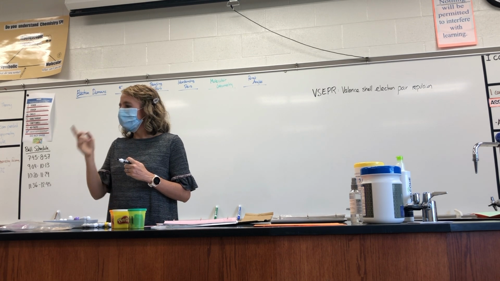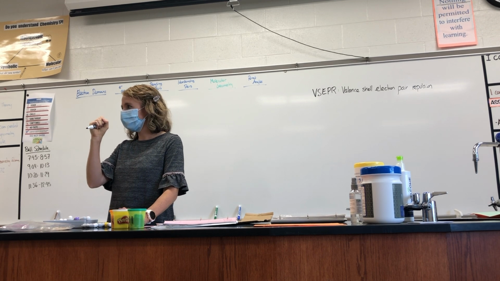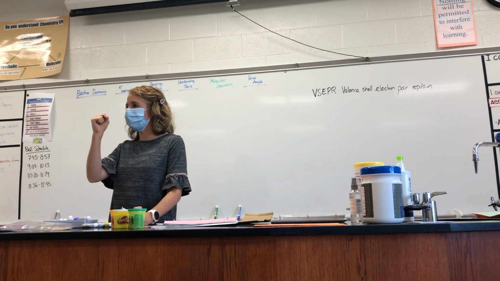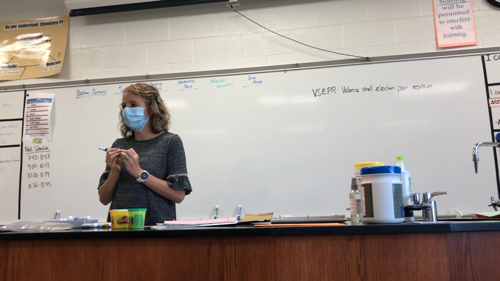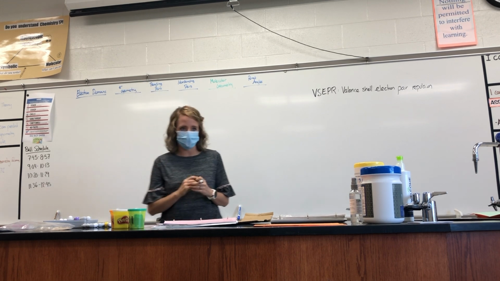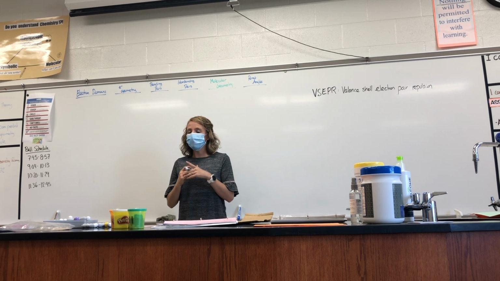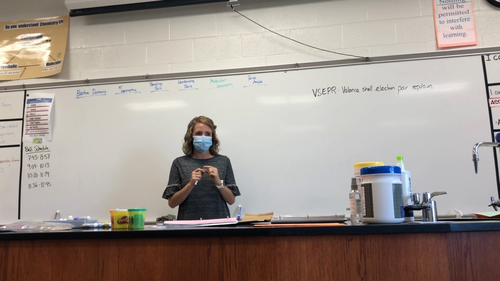The first one I want you to build should have, so the big ones are always for the center, and the small ones are for the outside, 1 big in the middle and 2 smalls on the outside. So do that now. Grab 1 of your bigs and 2 of your smalls. Toothpicks are how you connect them. The goal is that the toothpicks are as far away from each other as physically possible.